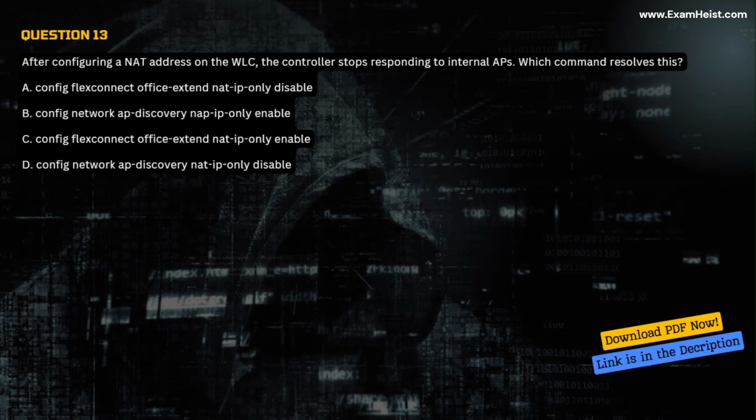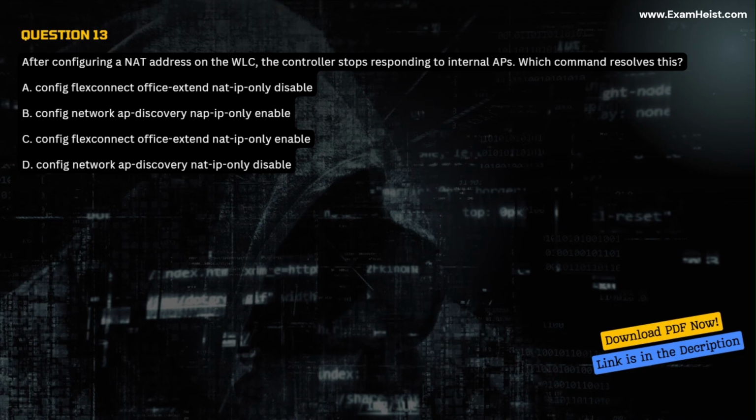Question 13. After configuring a NAT address on the WLC, the controller stops responding to internal APs. Which command resolves this? A. Config FlexConnect Office Extend NAT IP Only Disable. B. Config Network AP Discovery NAT IP Only Enable. C. Config FlexConnect Office Extend NAT IP Only Enable.